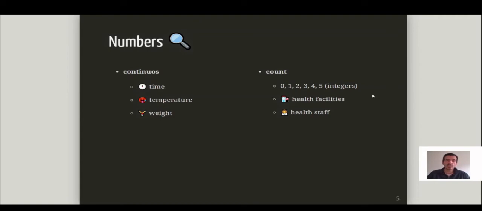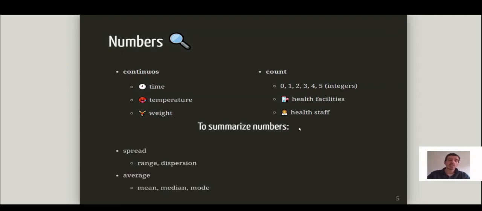So these are the two different kinds of numeric variables we are dealing with very often. So how do we deal with data of this kind? Well, to summarize numbers, we use spread measurements or average measurements. We also use different types of charts and tables, and this is what we are going to see now.